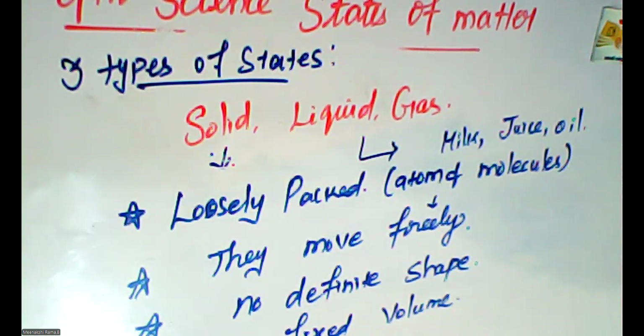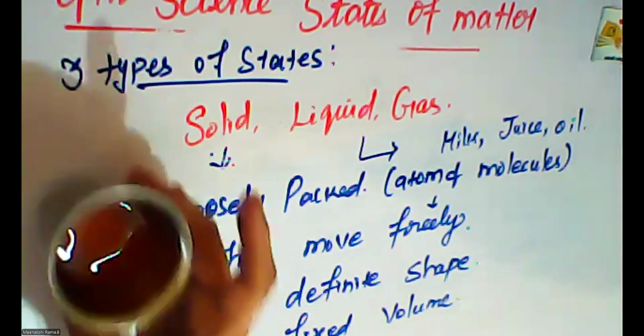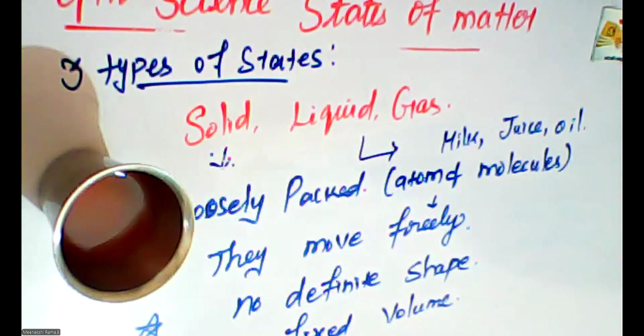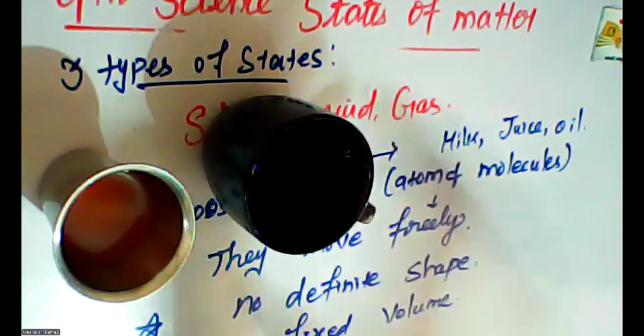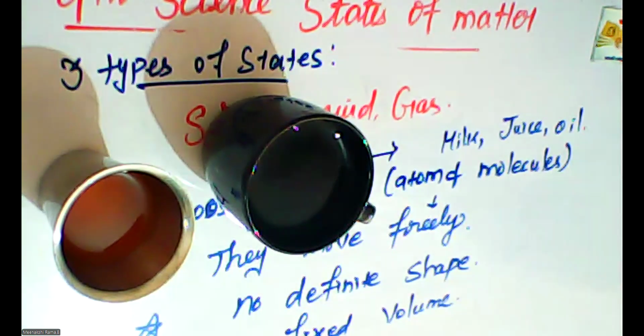So we can observe that liquids have no definite shape but have a fixed volume. They take the shape of the container, because this is one type of container and this is another type of container. So they take up the shape of the container. They don't have a fixed shape.